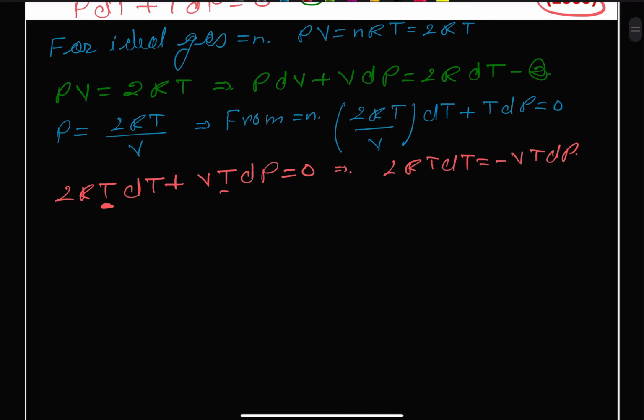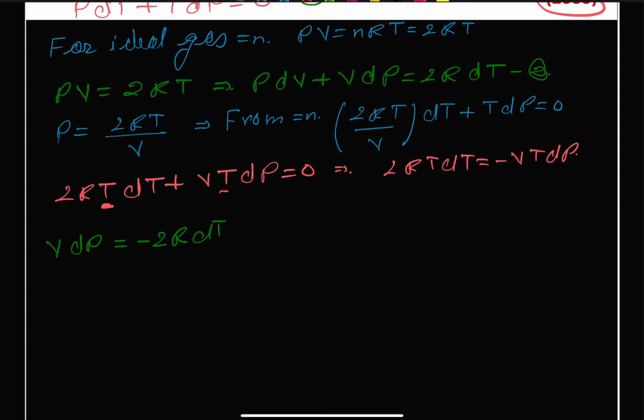So we can say that V dP will be equal to minus 2R dT.